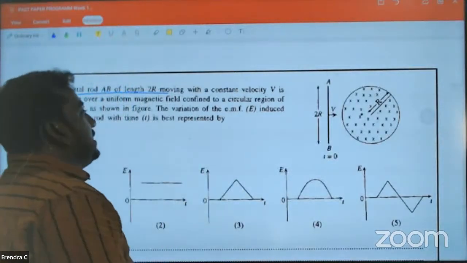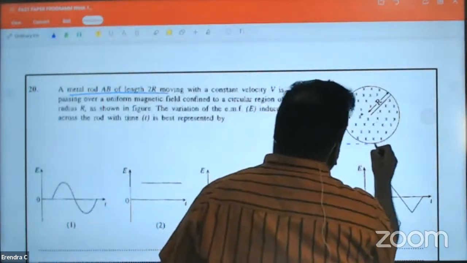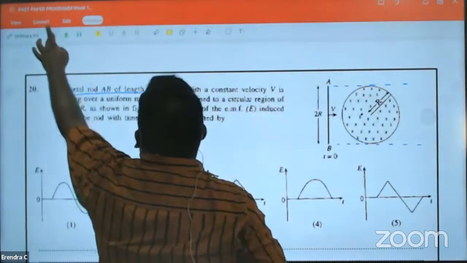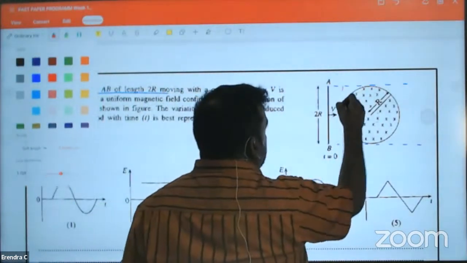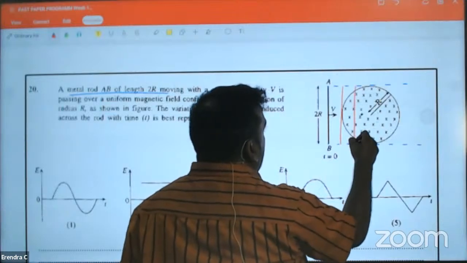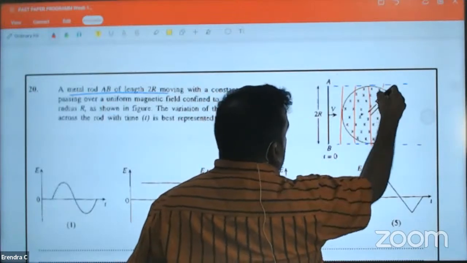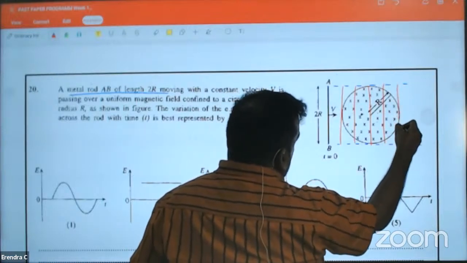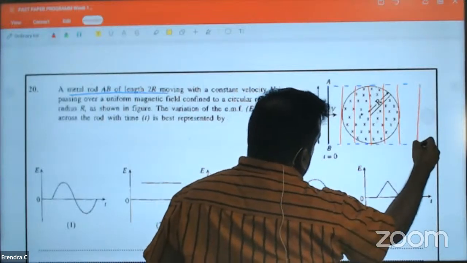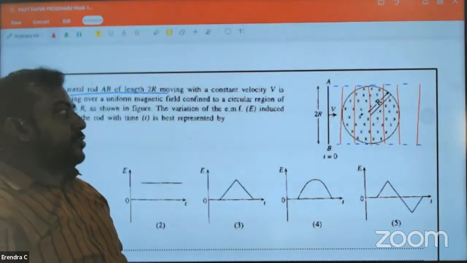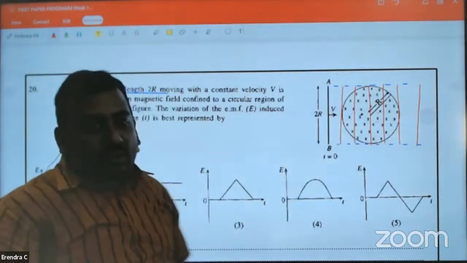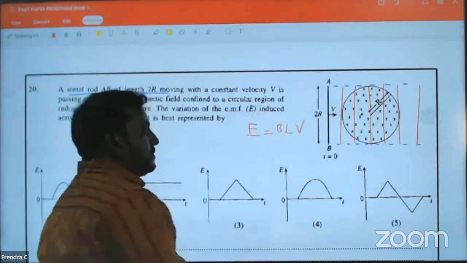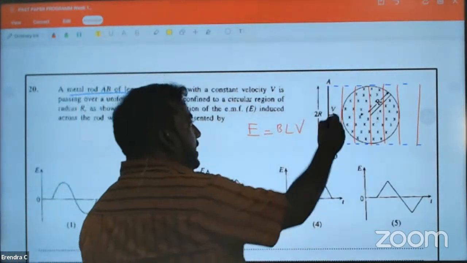So if I draw this like this, location to location, remember the concept is slightly difficult, but try to understand it. When a rod is going through a magnetic field, electromotive force is BLV.